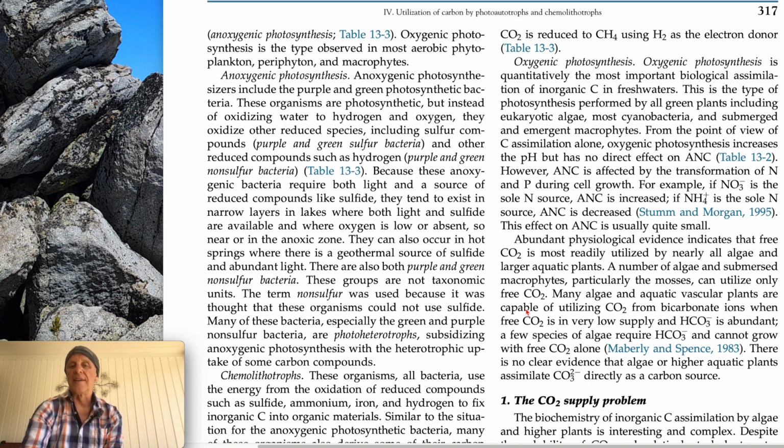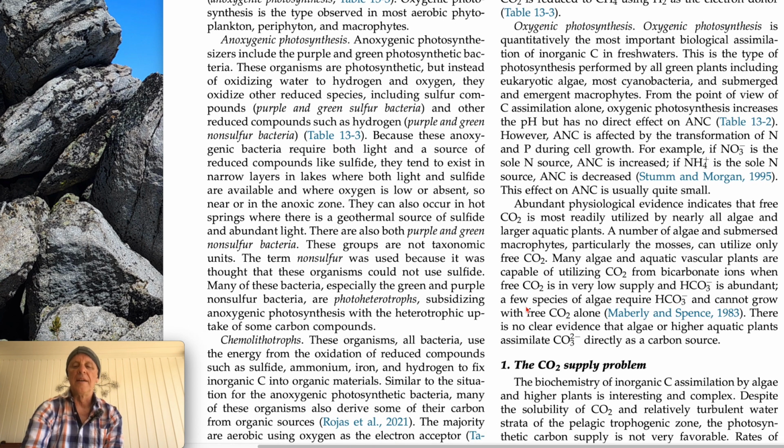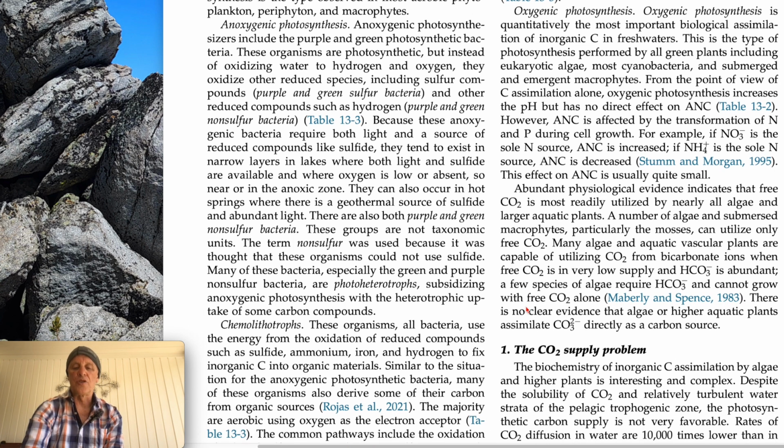So ANC, once again, is the acid neutralizing capacity, also seen as alkalinity on the other side of the pH 7. Abundant physiological evidence indicates that free CO2 is most readily utilized by nearly all algae and larger aquatic plants. A number of algae and submerged macrophytes, particularly the mosses, can utilize only free CO2.